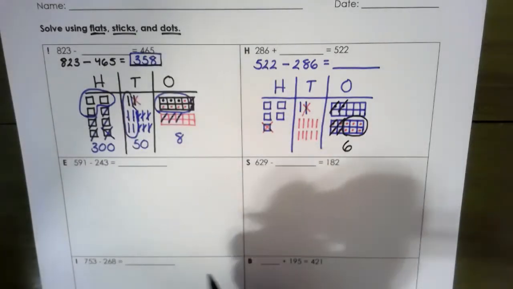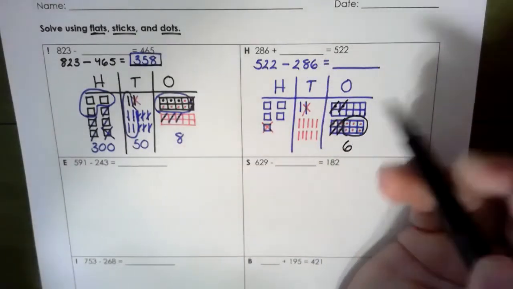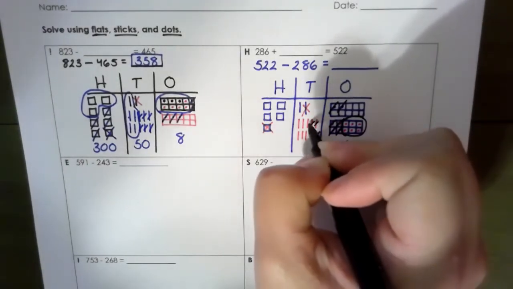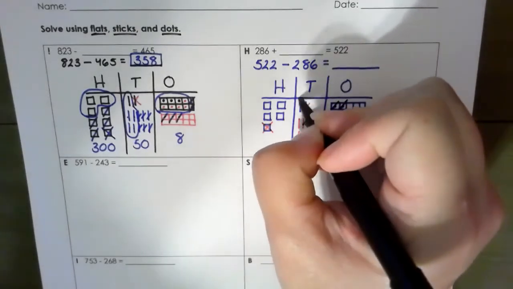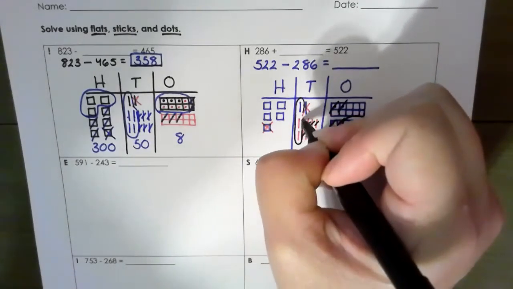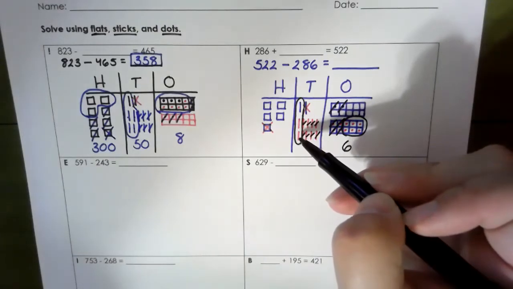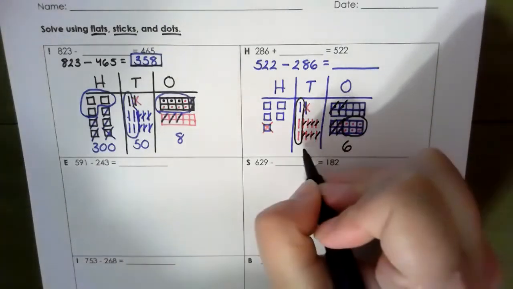Now we can subtract. How many are we subtracting? That's right, 8. 1, 2, 3, 4, 5, 6, 7, 8. Circle the tens that are left. There are 3 tens left. Count them by 10. 10, 20, 30.